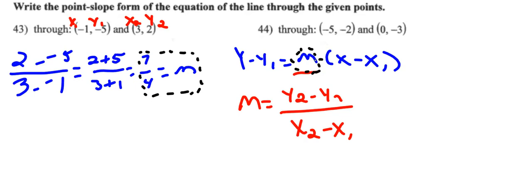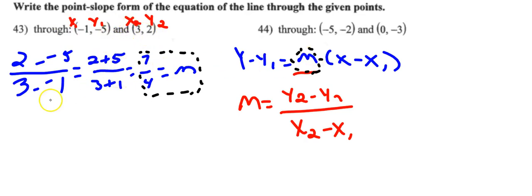So let's start writing. You can pick either point. I think I'll go with this one because it'll be all positives in the end. So I'm going to use negative 5 and negative 1 for my y1 and x1. You could use 2 and 3 just as well.